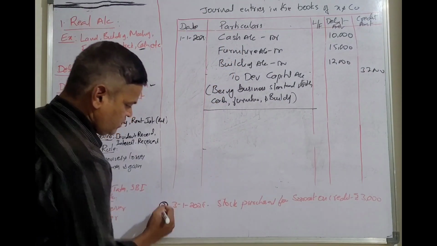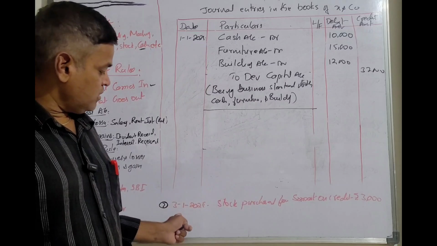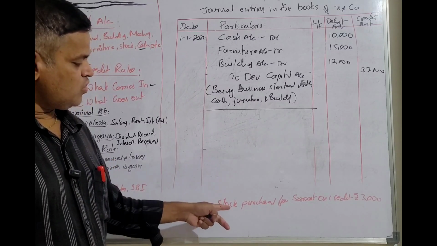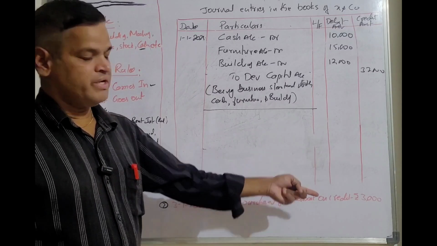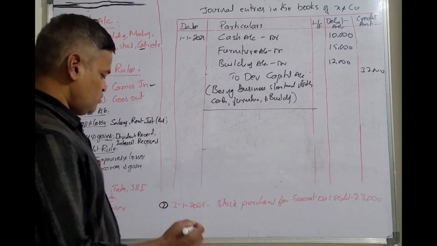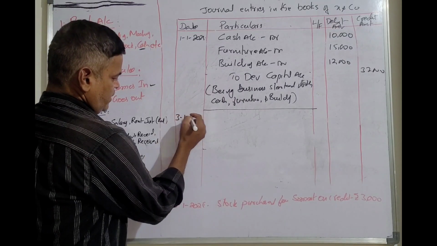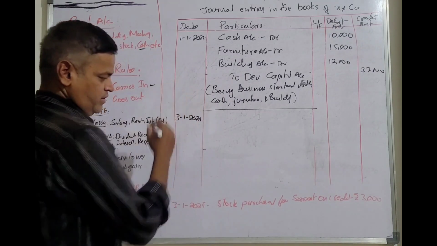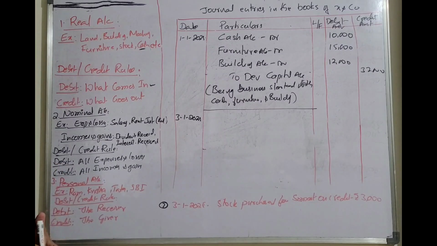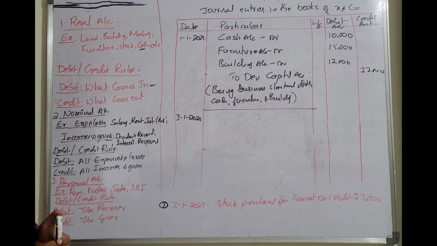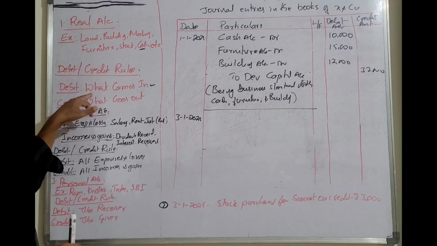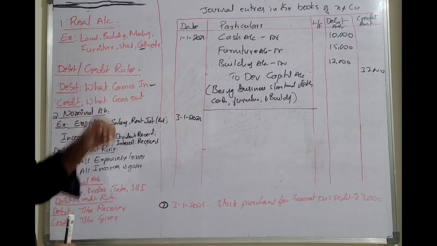On 3rd January 2025, stock purchased from Somesh on credit, rupees 3,000, right? So what is the date here? 3rd January 2025, right? We know that we have to check according to real account first. According to real account, when we have to debit, what comes in.